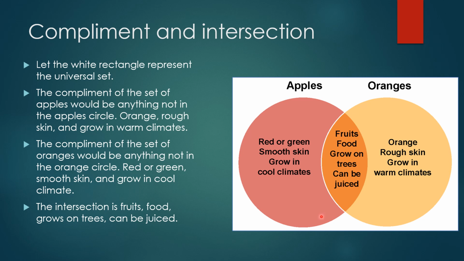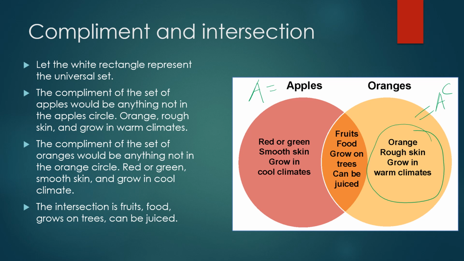If I want to talk about the complement of the set of apples, I'm going to look at everything that's an orange that's not apples. So this right here, I'm going to use this red color. All this would be considered the complement of apples. So if A is apples, then this set right here would be A complement.